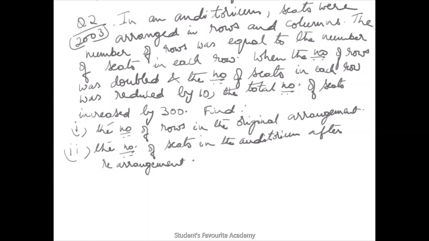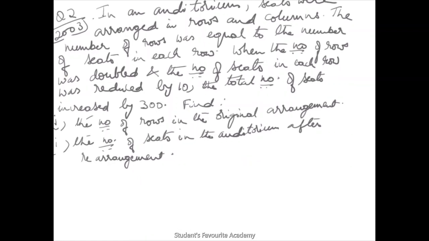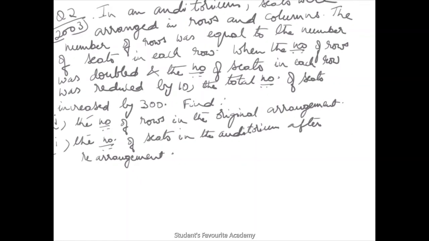Okay. Now, first of all, the number of rows in the auditorium was the same as the number of seats in each row. So first of all, this means what? Just an example I am giving. If there are 3 rows, means say first row, second row, third row, then the number of seats in each row also is 3.